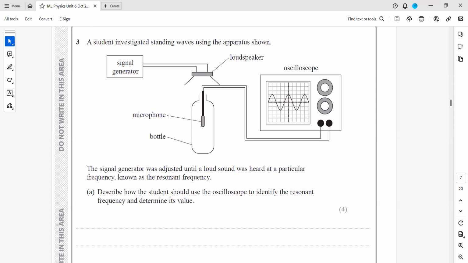So how can the student determine this? There is a time scale here. How will the student determine the resonant frequency? First, the student will find the wave pattern which gives maximum amplitude.